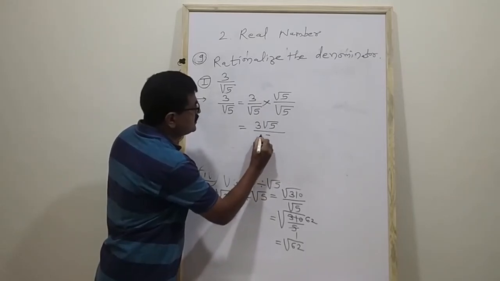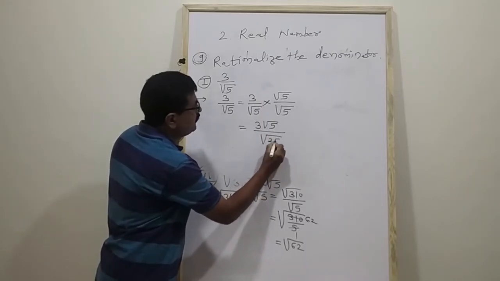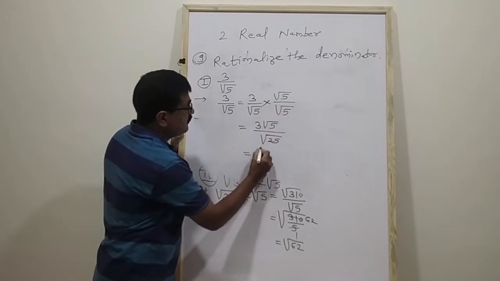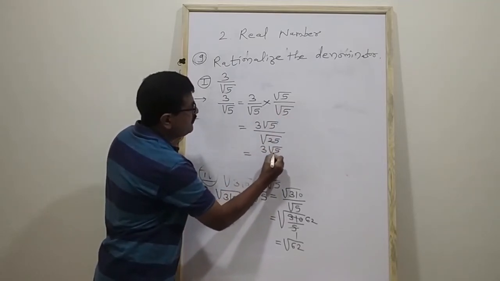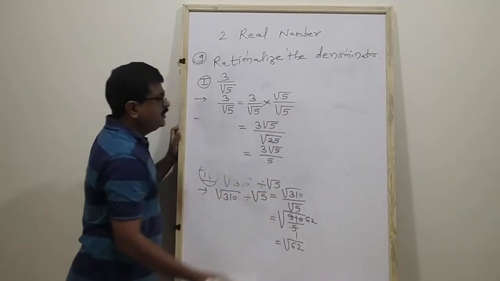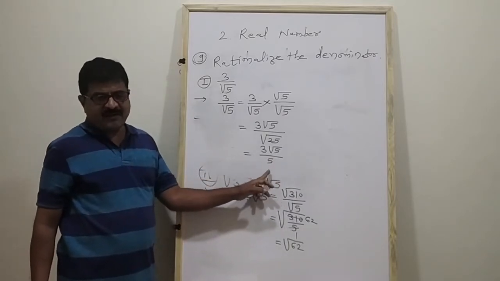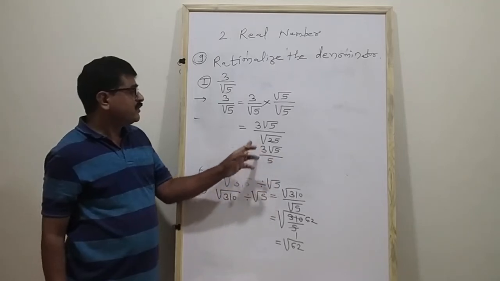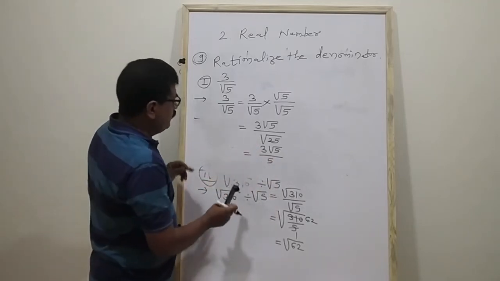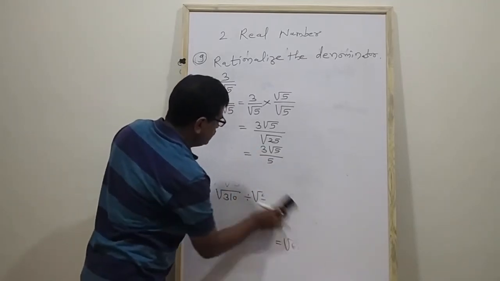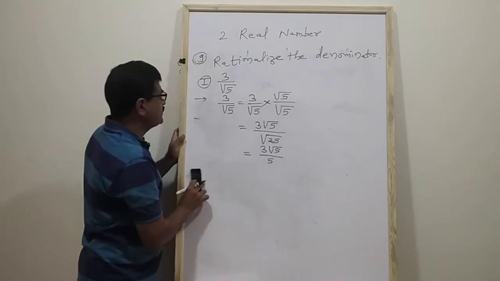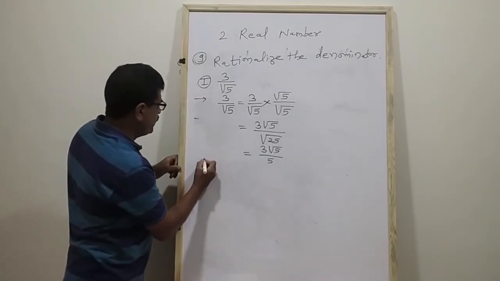Or write down this as square root of 25, is equal to 3 square root 5 divided by 5. This 5 is a rational number, that is the denominator is a rational number, therefore we rationalize, this is the answer.